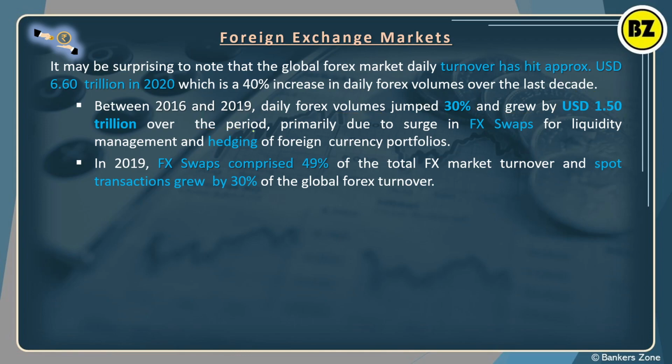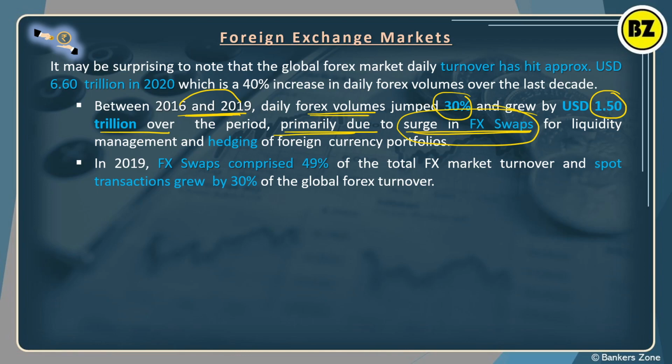So in those 3 years, 2016 to 2019, the forex volume increased by 30%, and it grew by 1.5 USD trillion during that period. Primarily why? Due to the surge in the forex swap. What is swap? That we will be discussing later. It is one of the derivative instruments used in foreign transactions.